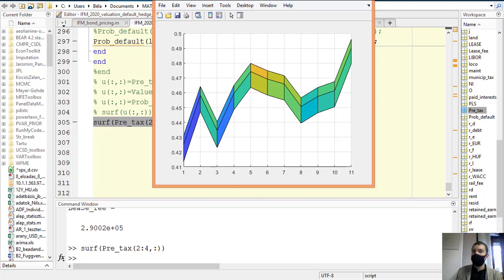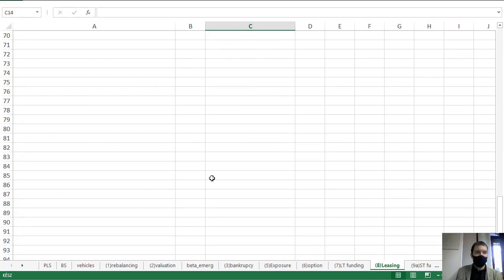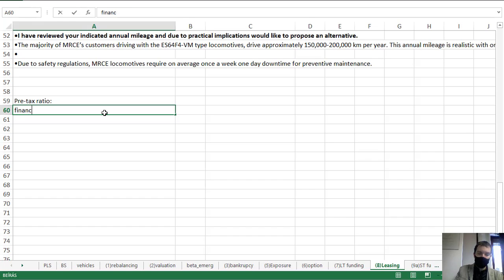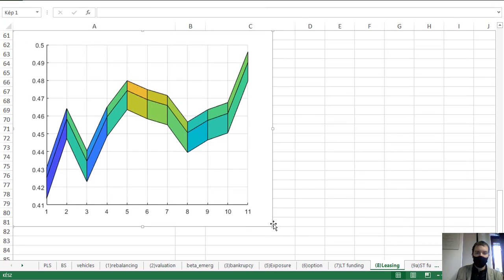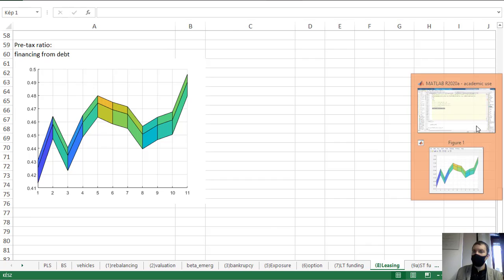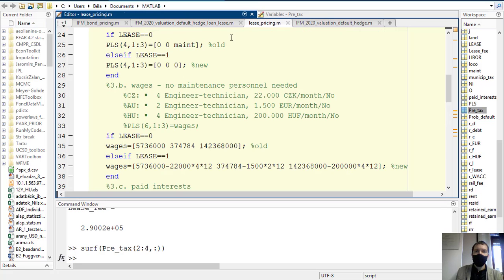copy figure. So let's copy this here. Tax ratio, and this will be the no leases from that. So now we can see something, and also let's copy the actual data.